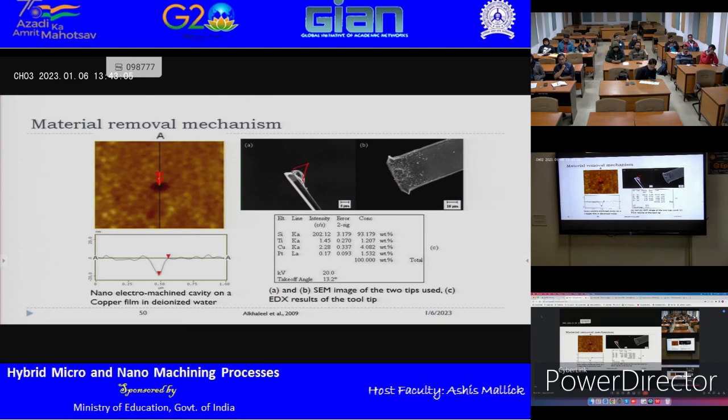Now look at the feature. The feature is very similar to what we saw in the nanoscale process using STM. So you can actually calculate the volume of that feature, considering it as a cone, right? They also did some analysis of this, and they found some kind of modification on the tool tip as well.